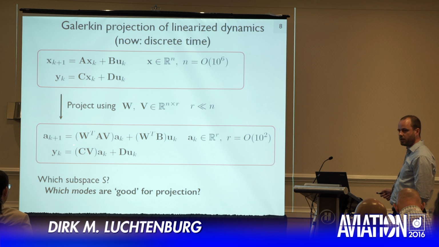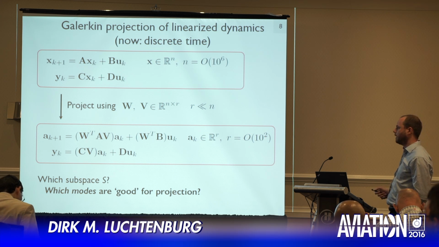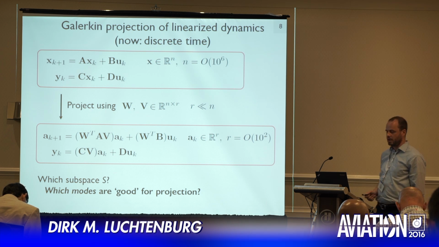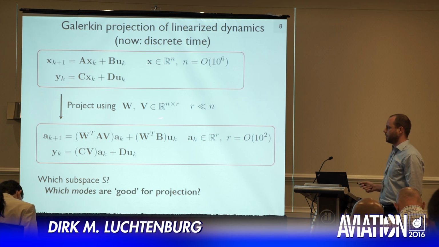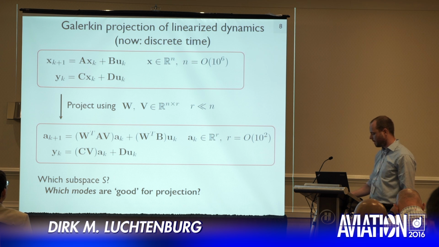And then we get these equations here. And because of the assumption that we live in a subspace of dimension R, now we have a system that is of the order R, which may be order 100. So say we go from 1 million to 100. Now the question, of course, is which modes are we going to be picking for this projection? Which W and which V are we going to pick here?